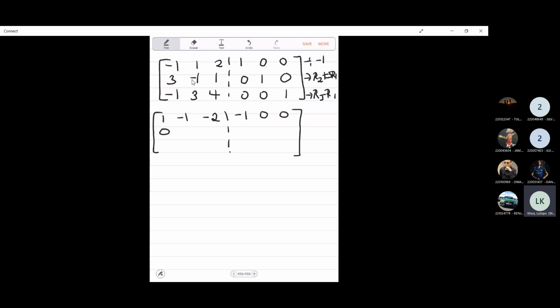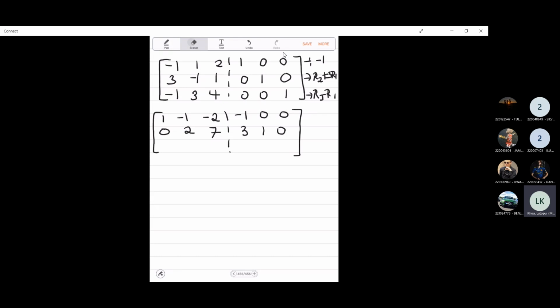So it's -1 plus 3. This will give me 2. And then 1 plus 6, this will give me 7. And then 0 plus 3, this is 3. And then 1 plus 0, 0 plus 0 is 0.